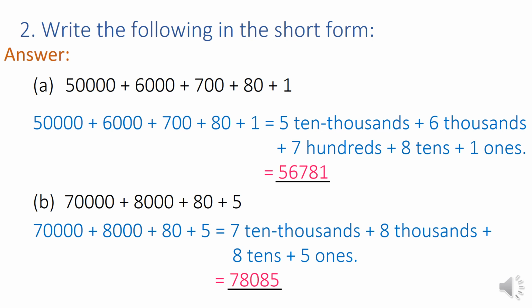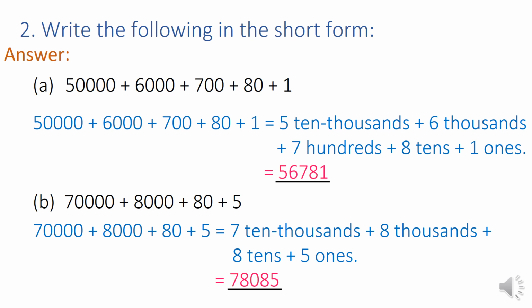Our second question is write the short form of 50,000 plus 6,000 plus 700 plus 80 plus 1.